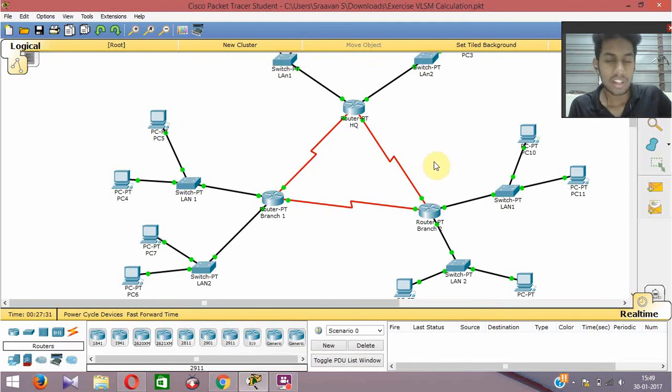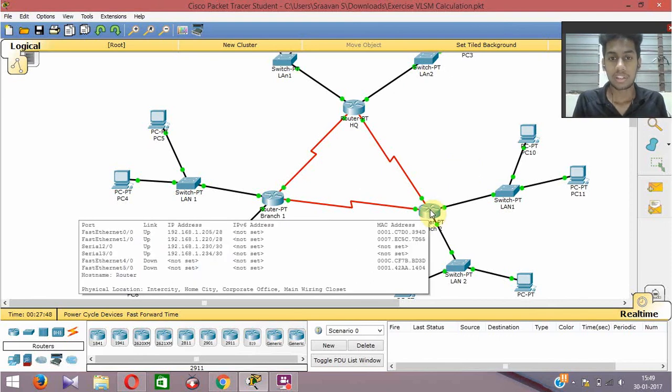Another important point is, even after giving out all these addresses, and interconnecting all the end users to the LAN and the LANs to these routers and the routers to each other, they won't be pinging.